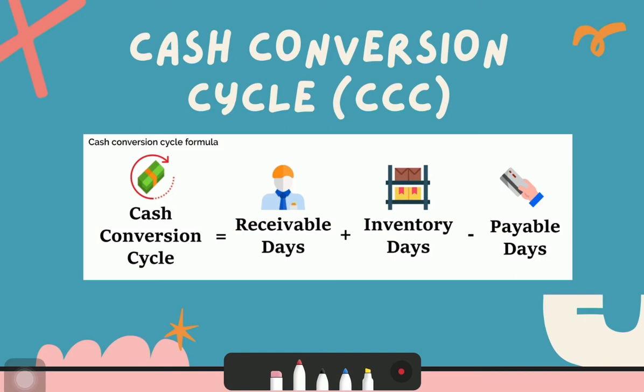You calculate the cash conversion cycle by figuring out how long it takes you to sell the inventory, how long it takes you to collect your accounts receivable, and how soon you can pay your accounts payable. The three components are receivable days, inventory days, and payable days.